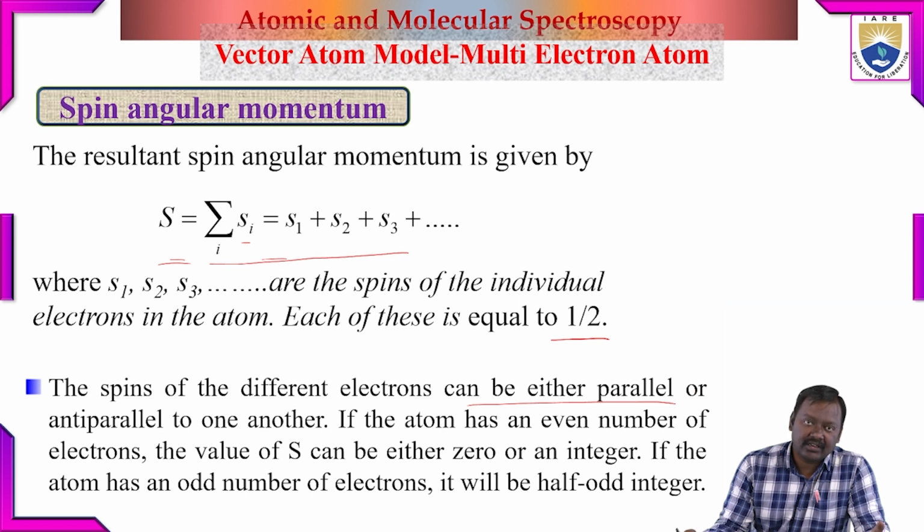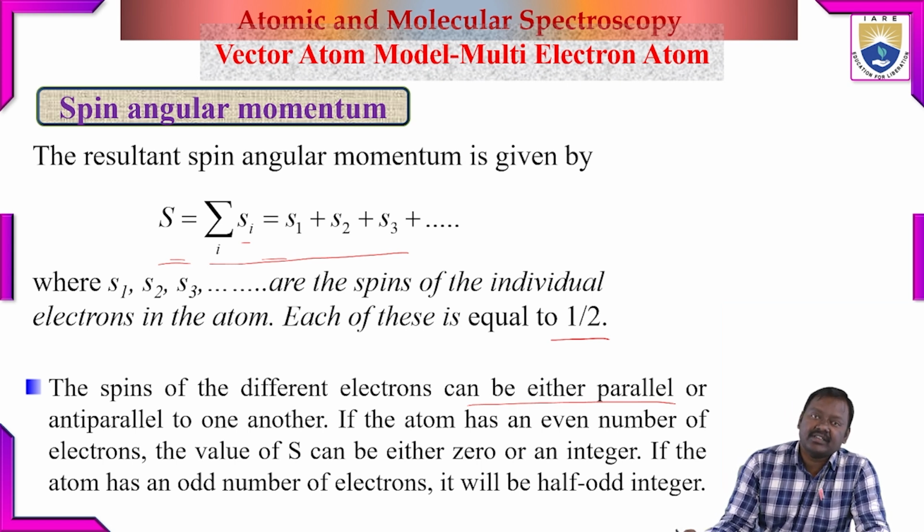If the two electrons are spinning in the same direction, then we say those two electrons are having parallel spins. And if the two electron spins are opposite to each other, then those electrons are spinning with anti-parallel directions.